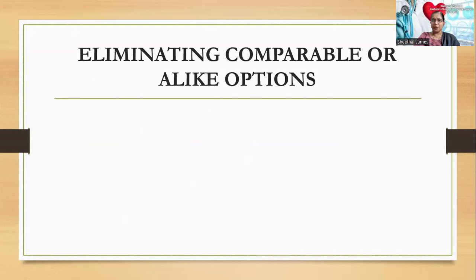If there are two options which indicate the same thing or both are similar, for example, you are looking at B and C options, and you feel that if I select B as the answer, then C also will be right because B and C say the same thing, then you can very easily eliminate both options. Okay, you can look at A or D and you can select the right answer.